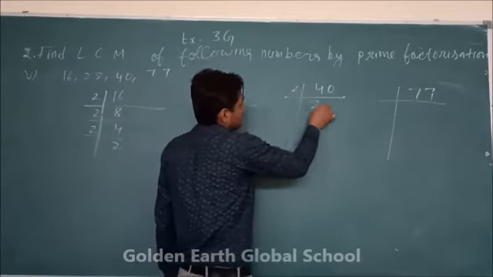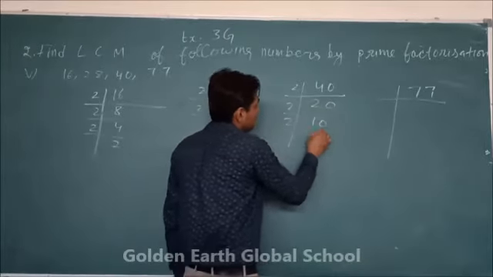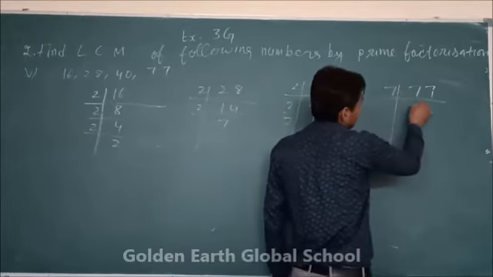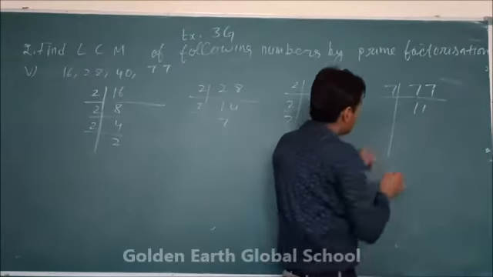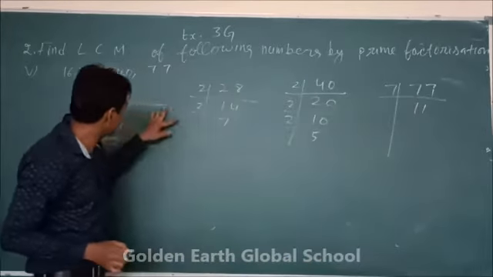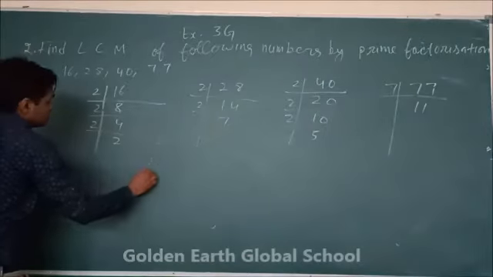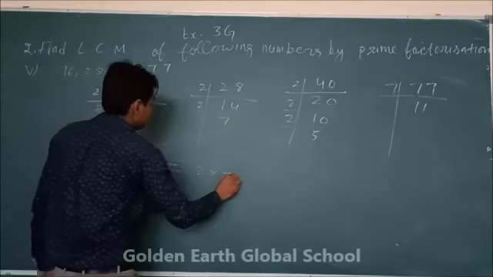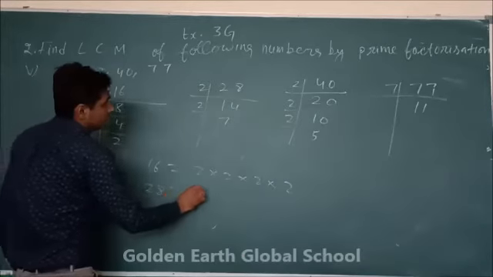Then 2 20s are 40, 2 10s are 20, 2 5s are 10. 7 11s are 77. Look carefully, these are all prime numbers, so it is called prime factorization. You have to write the prime factorization in one sentence.